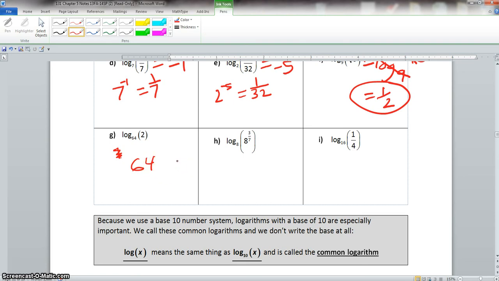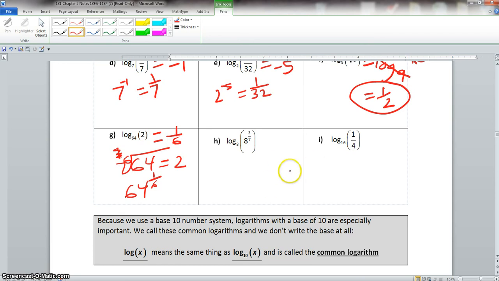Now, in order to figure this out, we know that there are 6 2's multiplied together that will give you 64. So we know the 6th root of 64 will give us 2. But now we must change that to an exponent. It'll be 64 to the 1/6 power. And our final answer here would be 1 over 6.